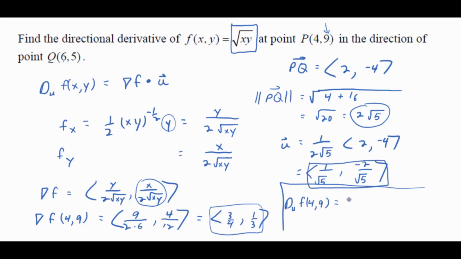So I'll just write it out: 3/4, 1/3, dotted with 1 over root 5, negative 2 over root 5. Okay, what does that turn out to be?